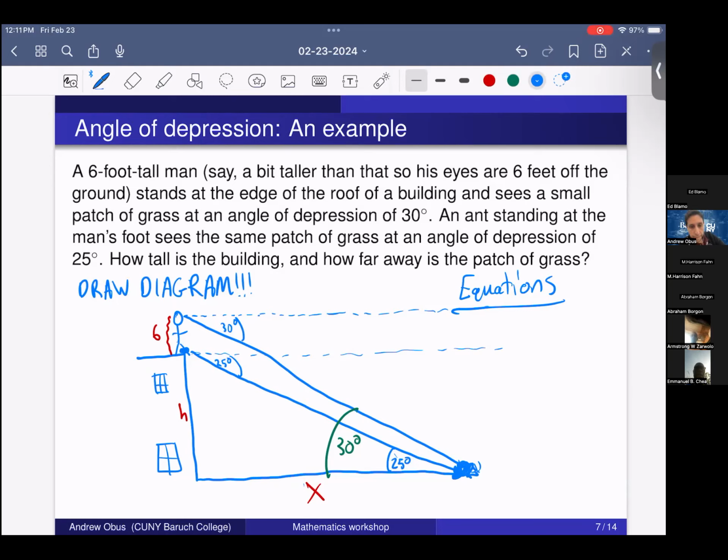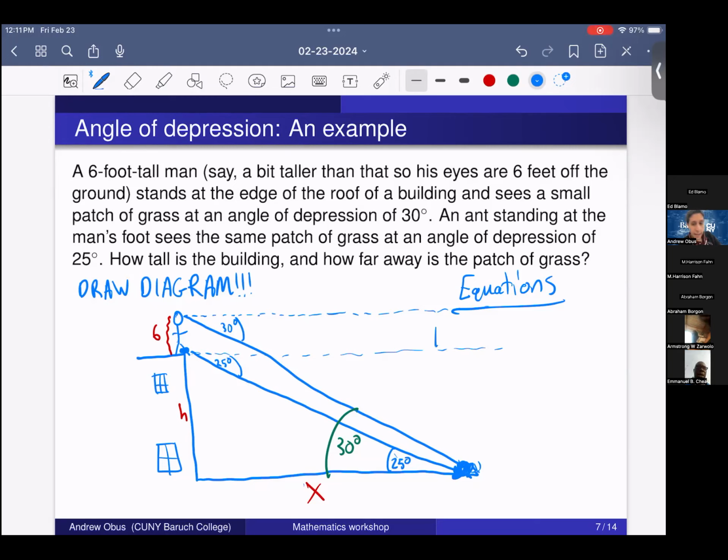Yes, well, tangent, yes. But I want the full equation. So how can we set up the full equation involving tangent? Okay, since we have the height of this man here to be 6 feet, then we're going to use the first one, the tangent of 30 degrees. Yes, exactly.